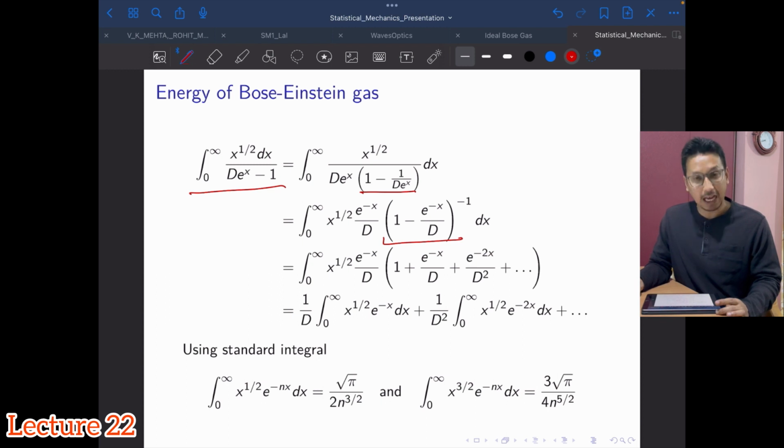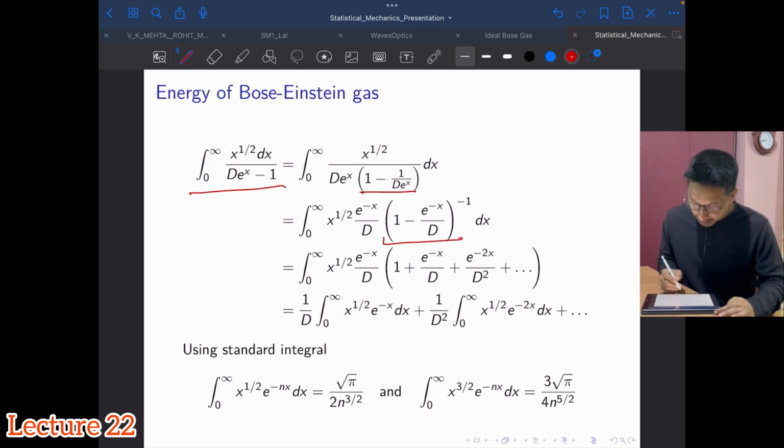I hope you all are familiar with this. The binomial expansion is introduced in class 11th in mathematics. So while using the binomial expansion of this expression, 1 minus e to the power minus x, what will happen?